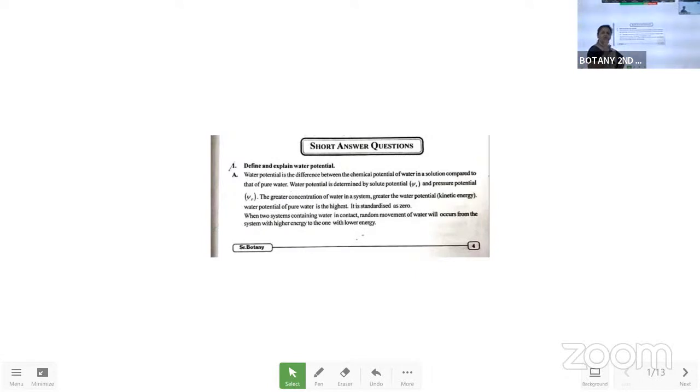That is the transportation in plants, the micronutrients in the plants, as well as the enzymes chapter. From these 3 chapters, we will get 2 SAQs and at least 1 VSAQ. We have to get it.